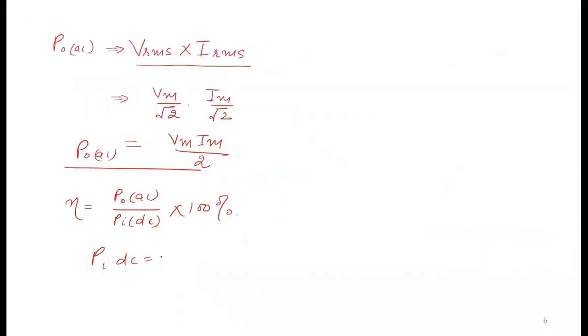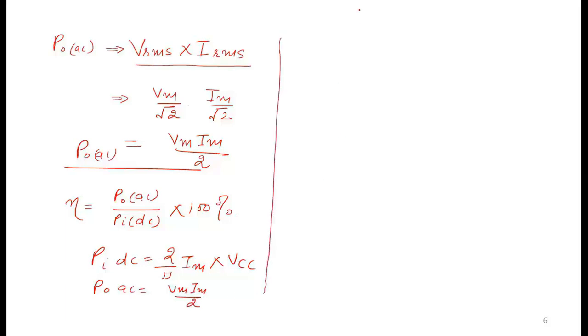So Pi(DC) is 2 by pi Im into VCC, and we have Po(AC) is equal to Vm Im by 2. Now the efficiency is equal to Vm Im by 2 whole divided by 2 by pi Im into VCC, into 100%.